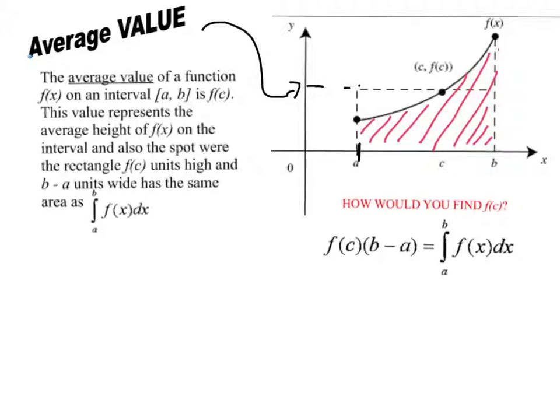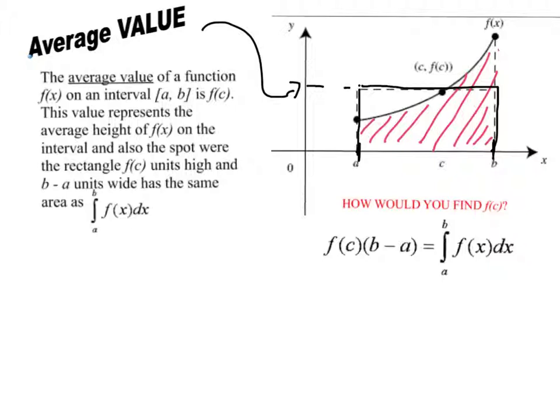You notice the base still goes from a to b, and the rectangle would have the same area as the curve does. And they certainly do look like they have the same area. That's the average value. So we're trying to find the height of a rectangle that has the same base and same area as the curve.